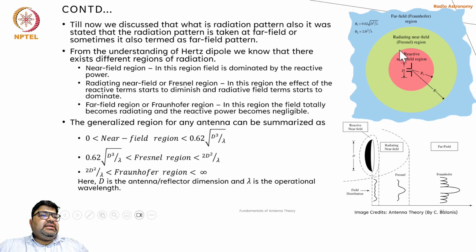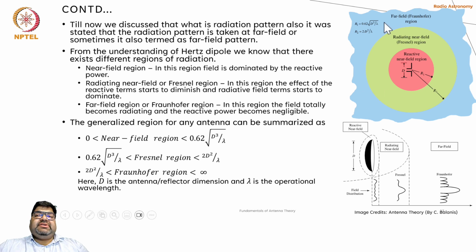Anything beyond 2d square over lambda is called the far field radiating zone or Fraunhofer zone. Depending on these three zones, the antenna behaves differently.